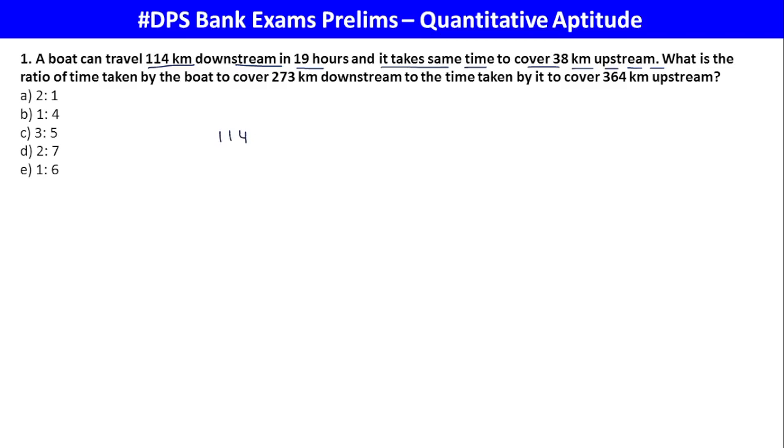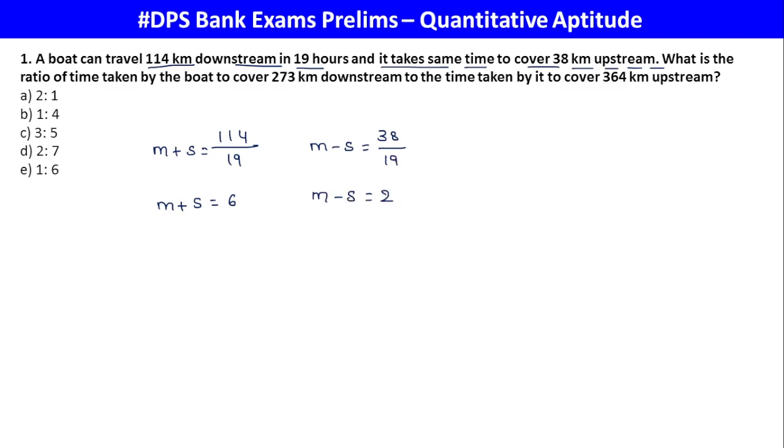144 kilometers downstream means M plus S is equal to 19. Exactly 6 times. Okay. Next, M minus S is upstream means 38 upon 19. M minus S value 2. Done.